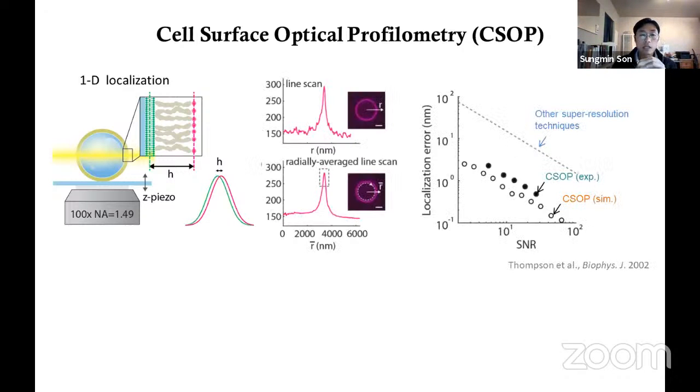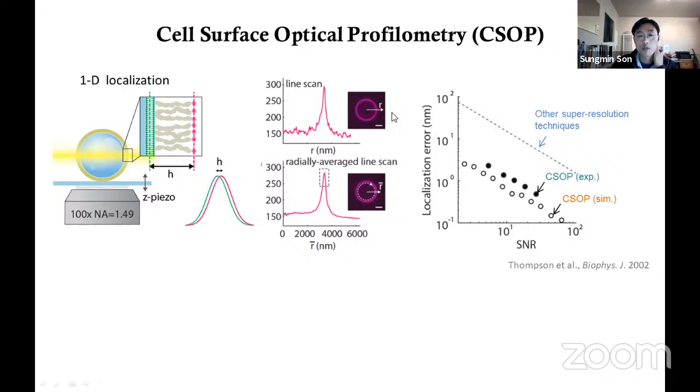And practically, to localize those lines, instead of comparing these two flat lines, I found that arranging those fluorophores in a circle, estimating the radius, and comparing those radii to ask what the offset between them is, is a much more efficient way of comparing those offsets. Okay, so you can appreciate this by comparing these plots in the top and the bottom panel.